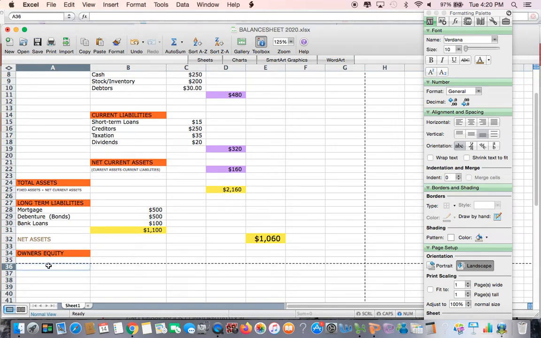So owner's equity is, you're going to have something called shared capital. And this is selling shares of stock to the public, or if you're a private company, family and friends.